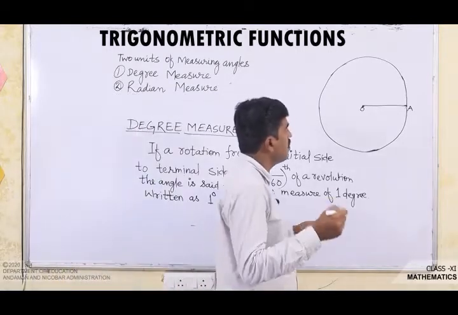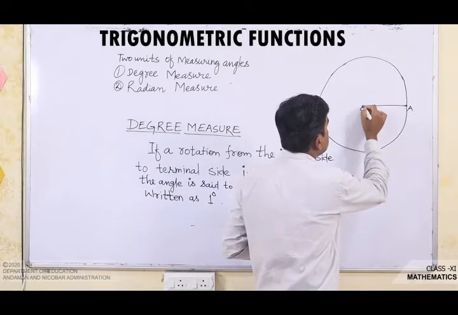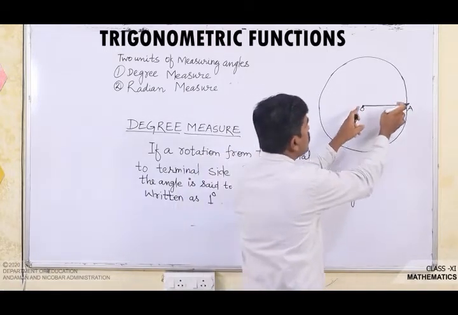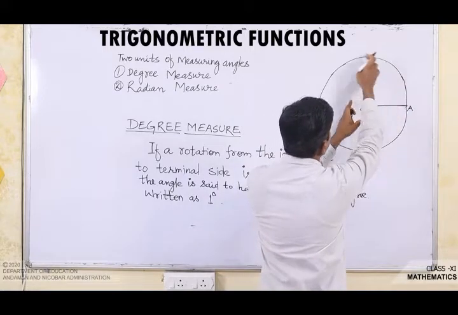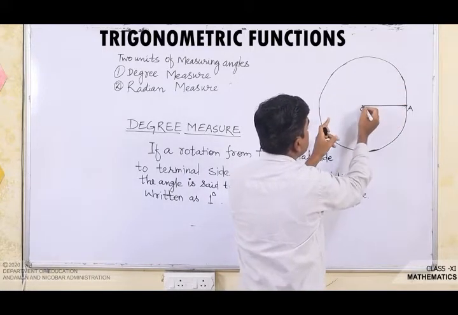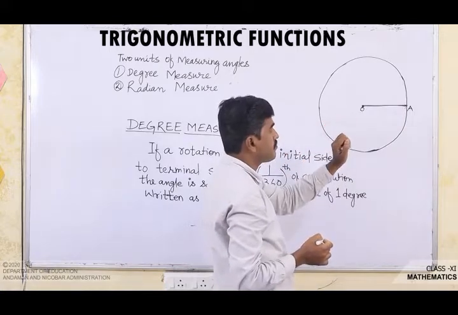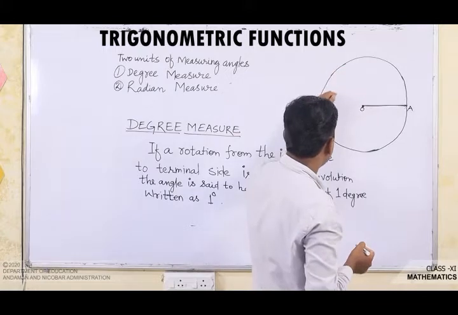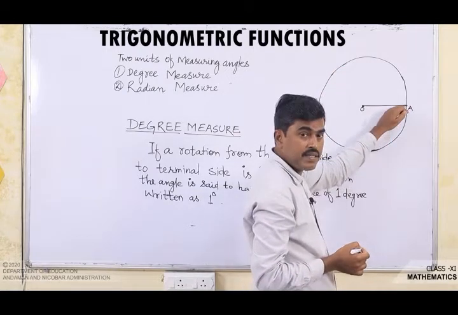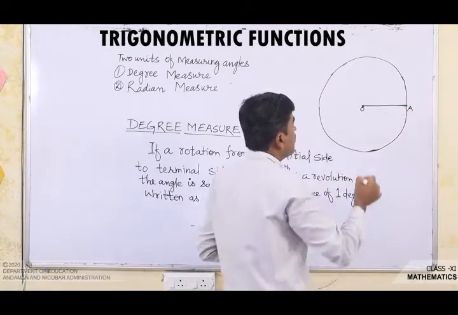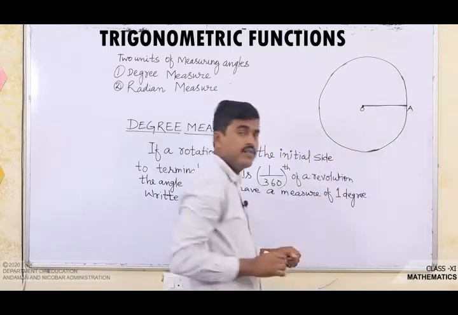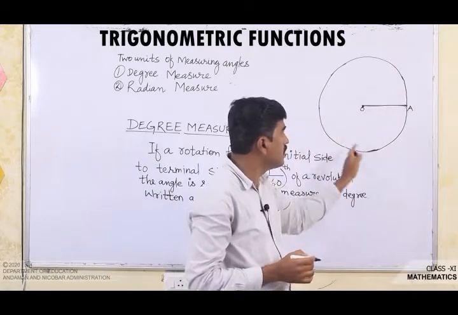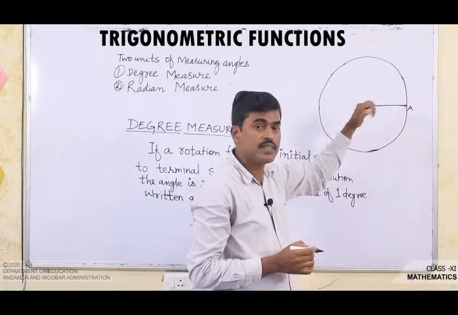Suppose this is the initial side. Now if I rotate this ray about this fixed point O anti-clockwise and complete one revolution, we get a circle.